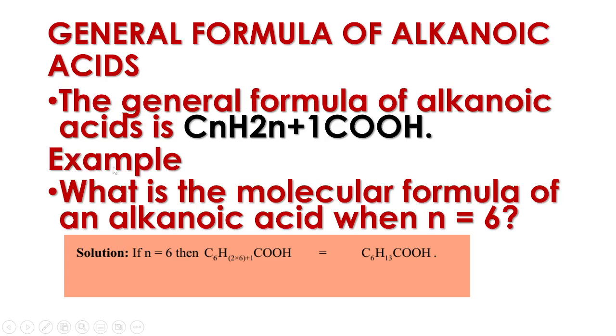For example, what is the molecular formula of the organic acid when n is equal to 6? Where there is n in the general formula, you put 6. So C6, H 2 times 6 plus 1, and COOH. 2 times 6 is 12, plus 1 is 13.